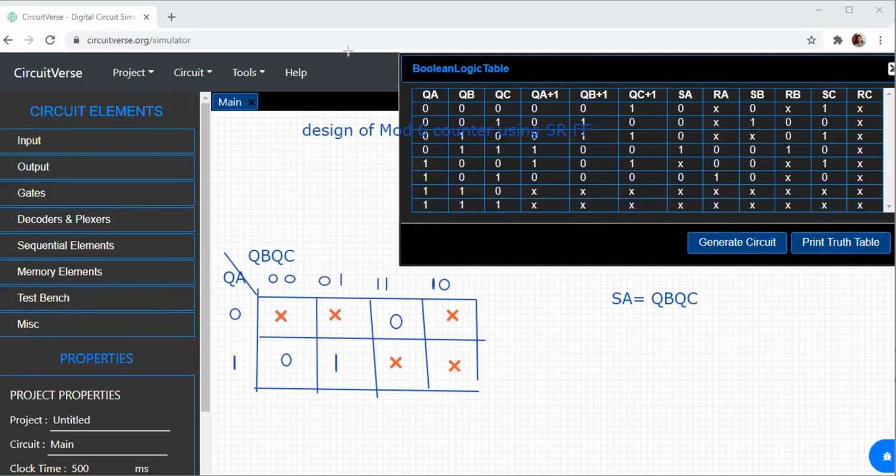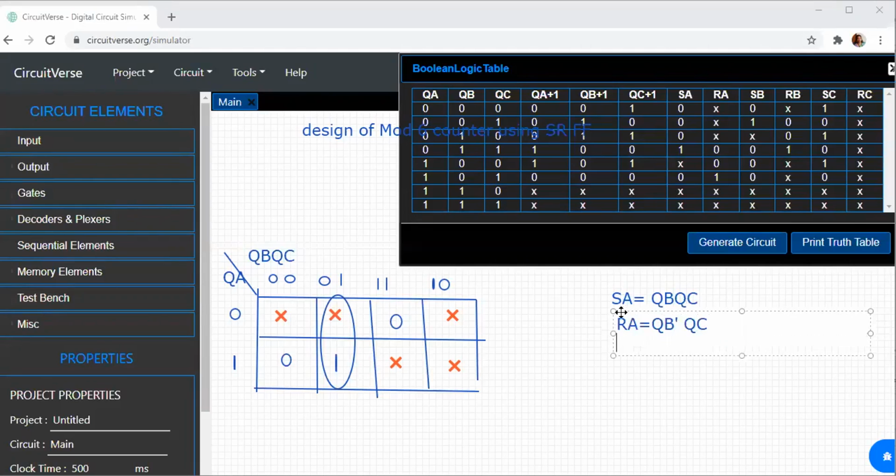Correct. Now if you solve this, this is a pair. So what will RA be equal to? RA will be equal to QB bar into QC.